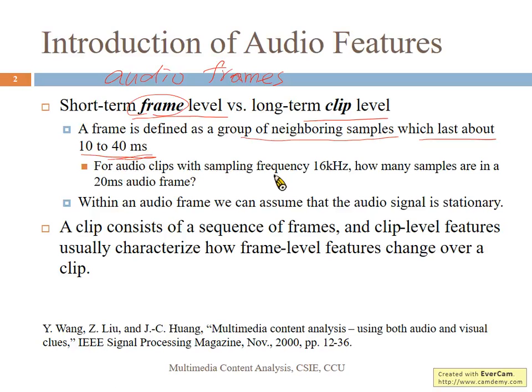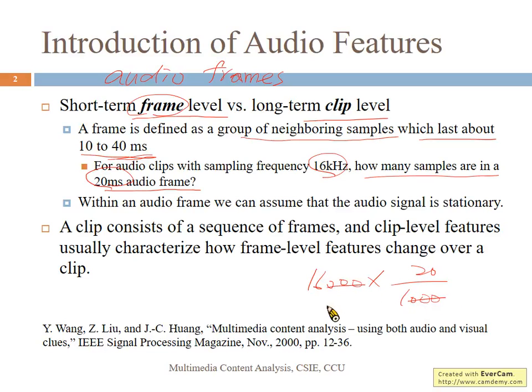For audio clips with sampling rate 16K, how many samples are in a 20 millisecond audio frame? You can imagine that we sample 16K sample points per second, and 20 milliseconds means 20 divided by 1000 of a second.